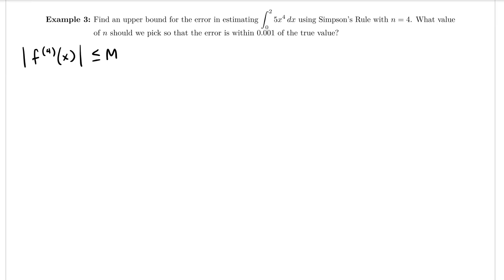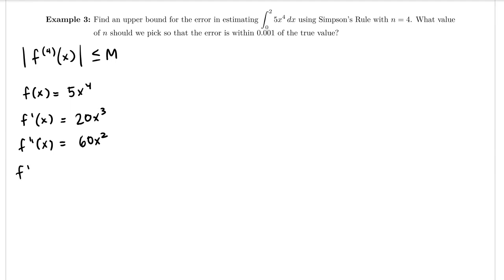The way that we're going to start this off is we're going to find the fourth derivative of our function. If our function f of x in this case is 5x to the 4th power, let's go ahead and find some derivatives. f prime of x is equal to 20x cubed. f double prime of x is equal to 60x squared. f triple prime of x is equal to 120x.